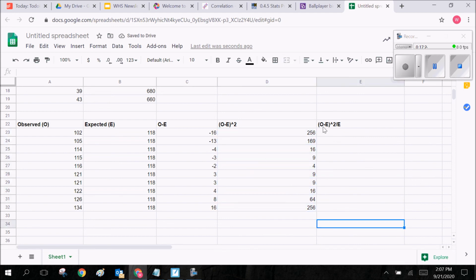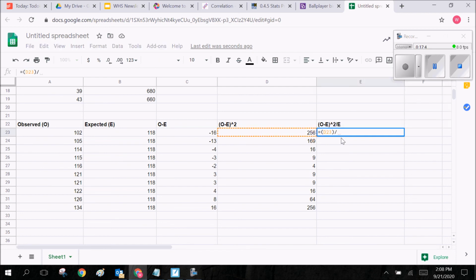Now I come over here, O minus E squared, which is what I got here, divided by E. So I say equals D23, divided by the slash mark there, and then my expected, which is B23. And bada bing.